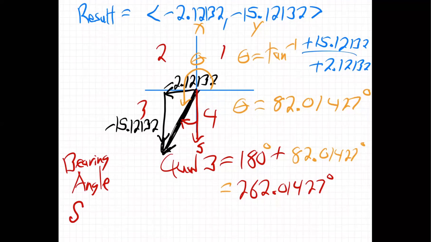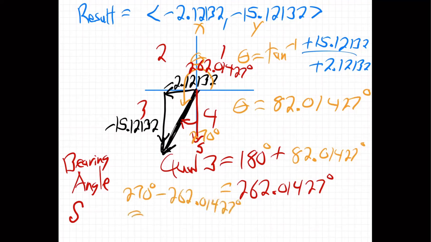Well, this is 262.01427 degrees, and this, as you know, is 270, so 270 take away 262.01427 degrees is 7.98573 degrees.